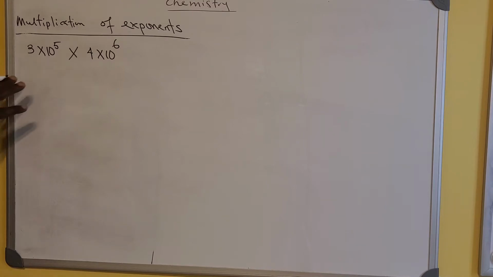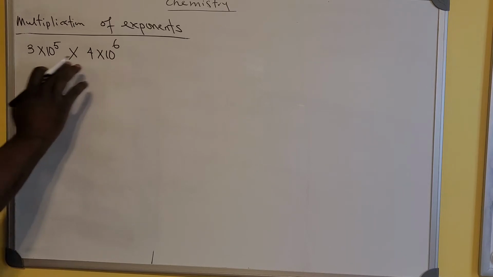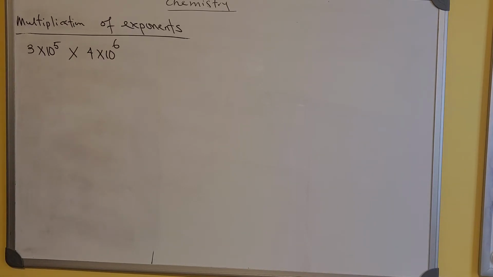Now, when you're doing multiplication, it's not so different, but there is something you have to understand. With plus and minus, we just pick one once the exponents are the same. That is for addition and subtraction. But for multiplication, we'll do something slightly different.